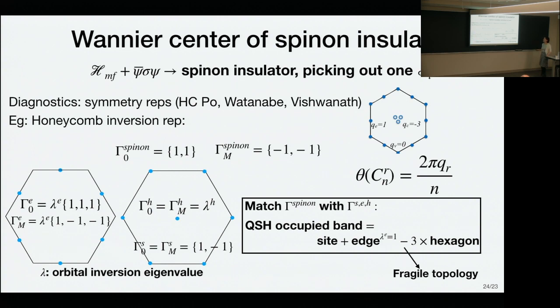And here, the monopole quantum number actually also conversely gives an intrinsically interacting definition for this fragile topology.